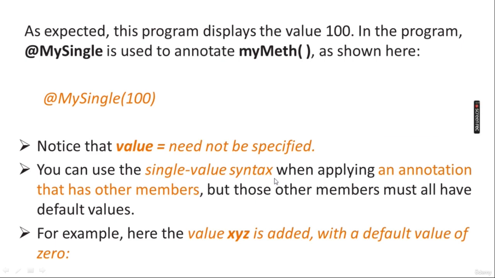Single value syntax can also have other members, but those other members must have default values. So the default keyword is compulsory for other members, and if it is having only a single member, its name must be value, and you can set the value using opening and closing parenthesis and 100. No need to write value equals. Okay.